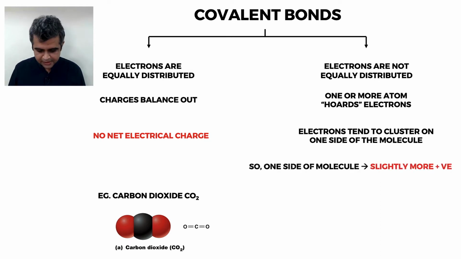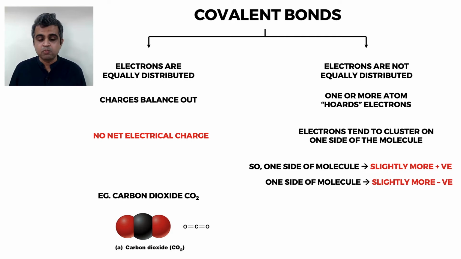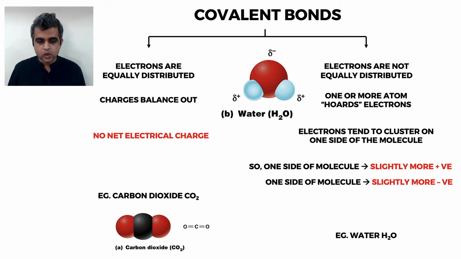So what will happen is that one side of the molecule will be slightly positive, and the side which has more electrons clustered together will be slightly negative. So let me give you an example of this. An example of this is water, which you will now see on your screen. So notice in water, in this diagram that you see here, the red part is the oxygen atom and the blue parts are the hydrogen atoms.